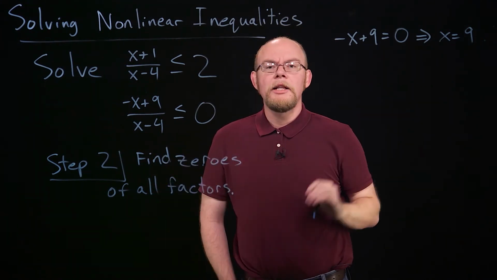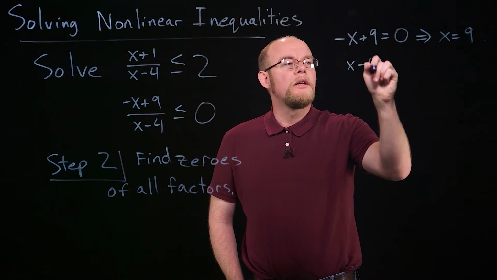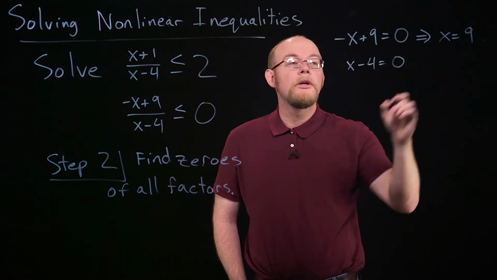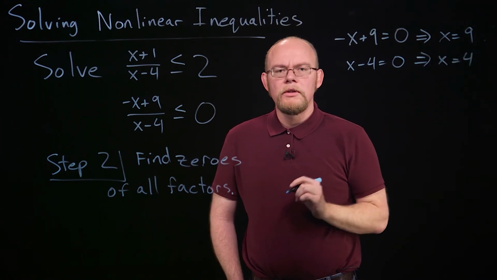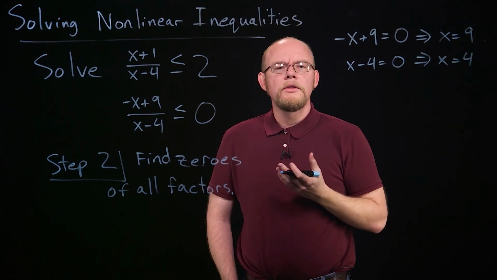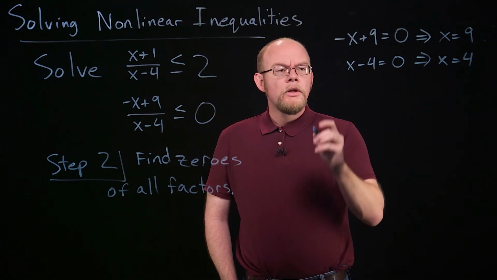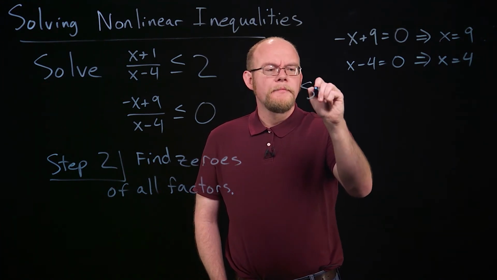Now, if I look at the denominator, x minus 4, and set that equal to 0, I can add 4 to both sides, and I'll notice that x should equal 4. So these are the 2 points where we could switch sign, all right? So that leads us to step 3.